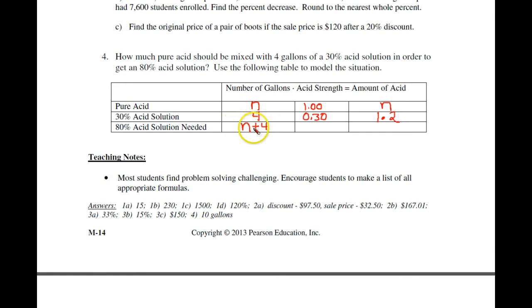This will be the amount. This is the beauty of algebra. And what will be this percent here? Well, it's going to be 80%. So this will be 0.80 times, let's put the N first.